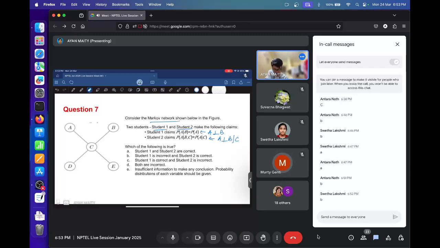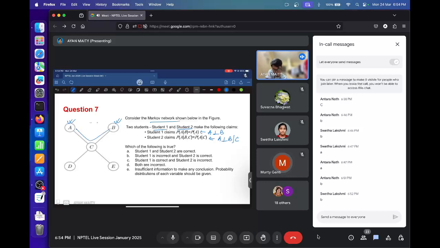So the first claim is that A and B are independent without any evidence given. This A and B is an undirected graph. In case of undirected graphs, we just have to check whether there exists a path between the pair of nodes for which we want to find out the independence.